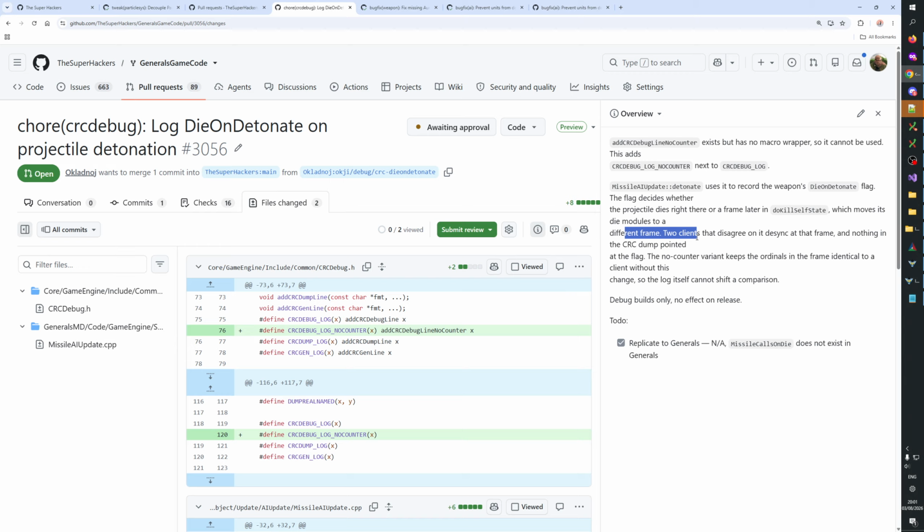Two clients that disagree on it desync at that frame, and nothing in the CSC dump pointed at that flag.